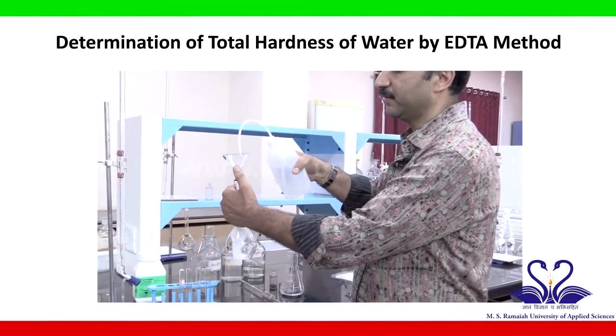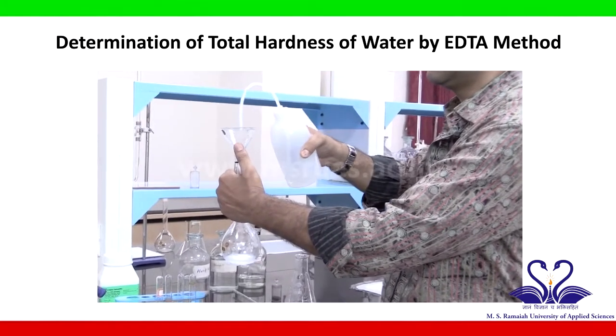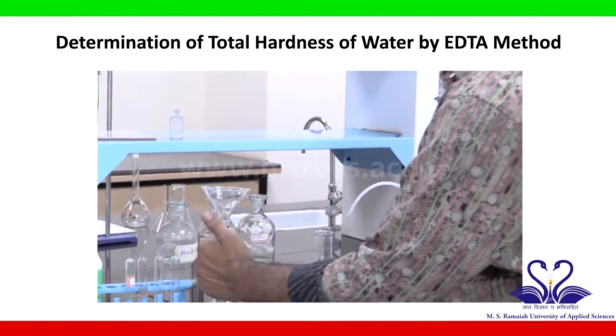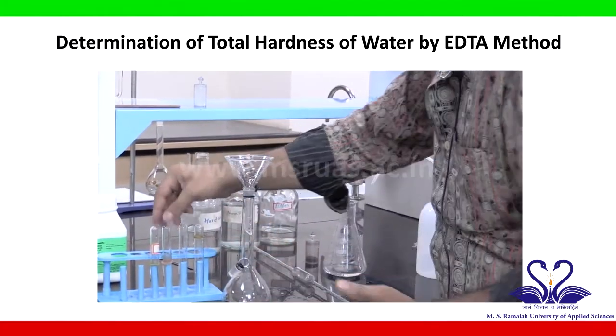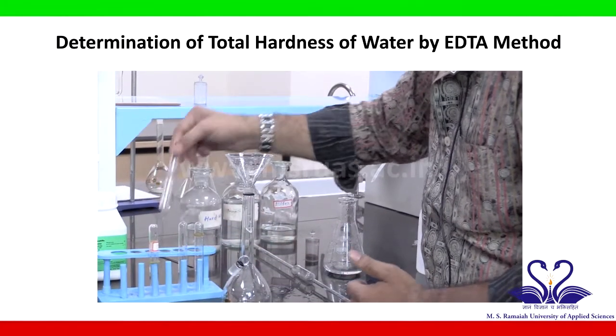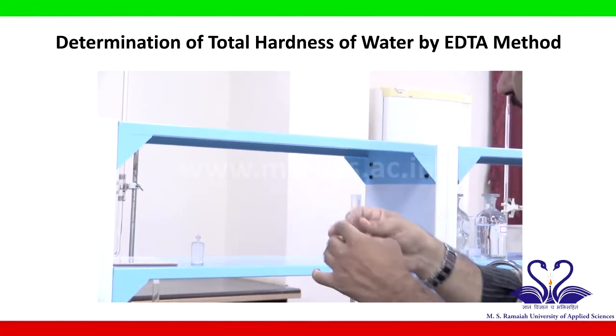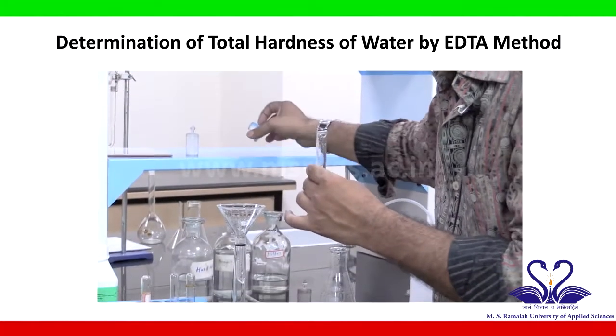Dissolve it by adding some quantity of distilled water, and then half a test tube, up to the mark we have made, of ammonia.